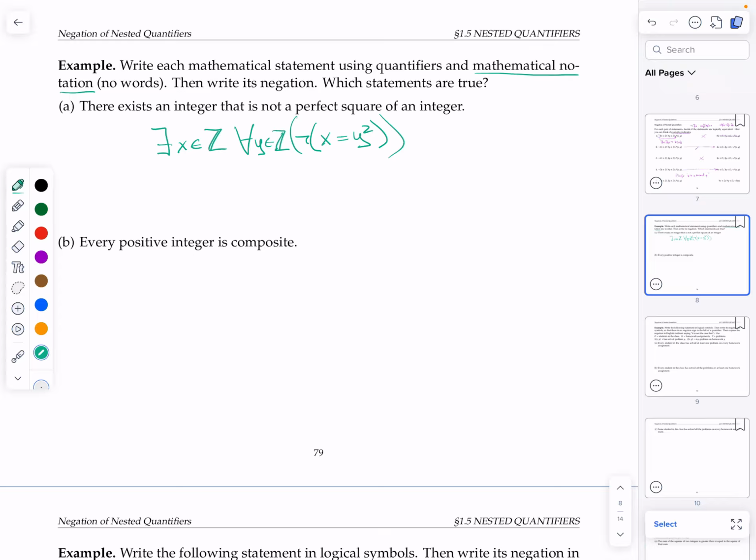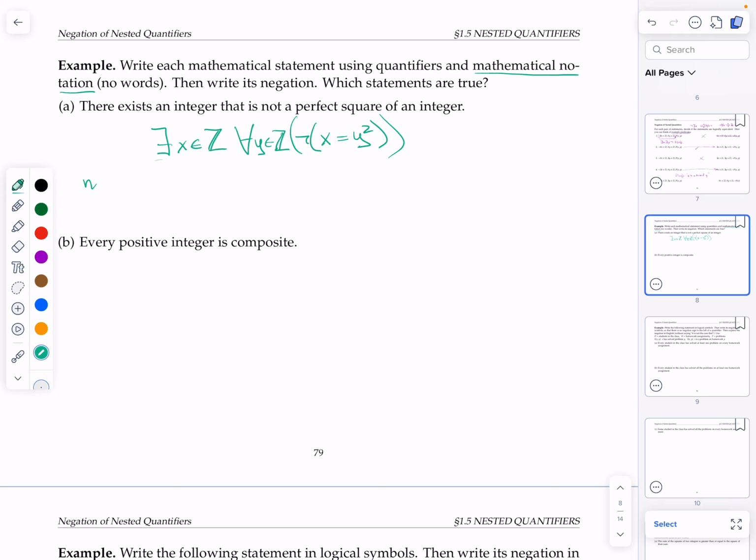So there is an integer that is not the perfect square of another integer. So here there exists some integer. For all other integers, it is not true that x is equal to y squared.